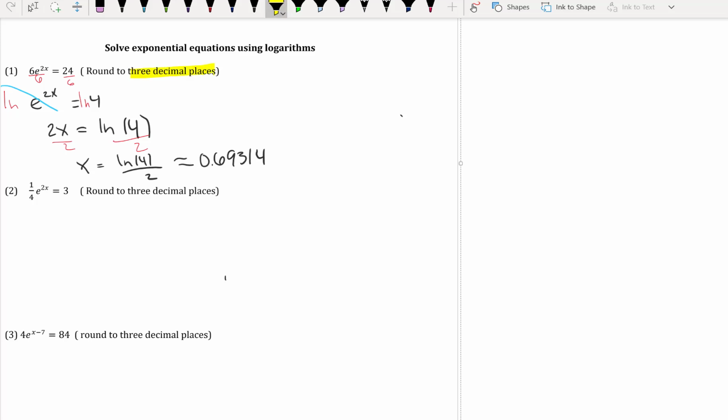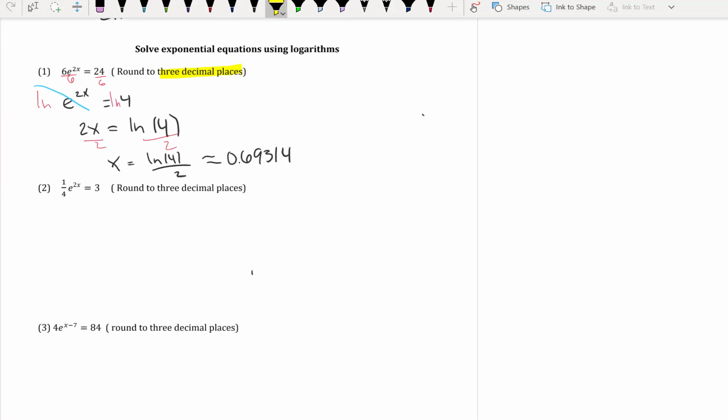And since it's specifically asking me to round to the 3 decimal places, the fourth decimal place here is 1, so I leave the third alone. So I'm going to get that x is equal to 0.693 because of how we round.